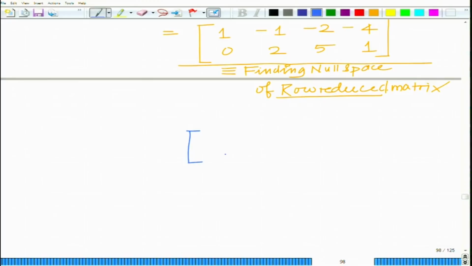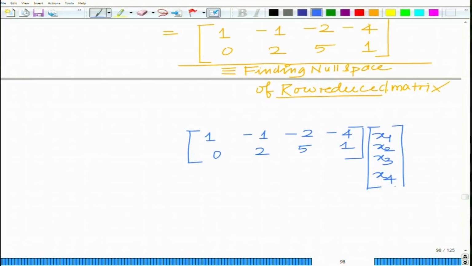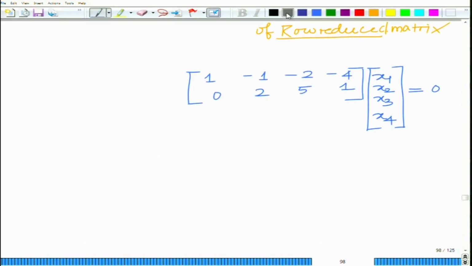This will be the matrix 1, minus 1, minus 2, minus 4 in the first row and 0, 2, 5, 1 in the second row, times x1, x2, x3, x4, equal to 0.